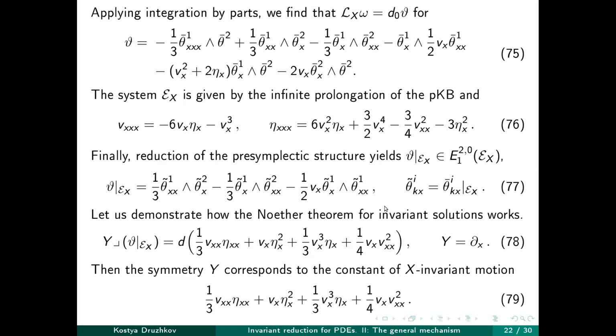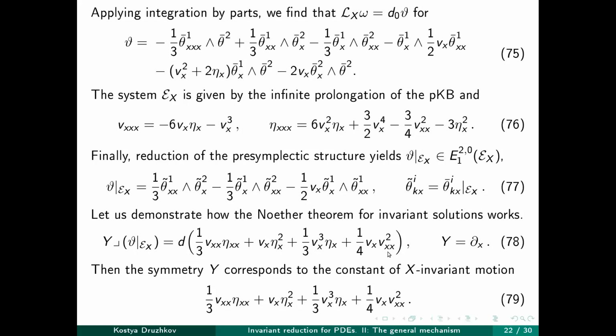Yeah, and at first, let us demonstrate how the Noether theorem for invariant solutions works. So let's take the symmetry Y, the shift symmetry with respect to the spatial coordinate x. We contract the symmetry with the reduction, with this form. And it turns out that we get an exact differential one-form. That is, this form is just the differential of some function.